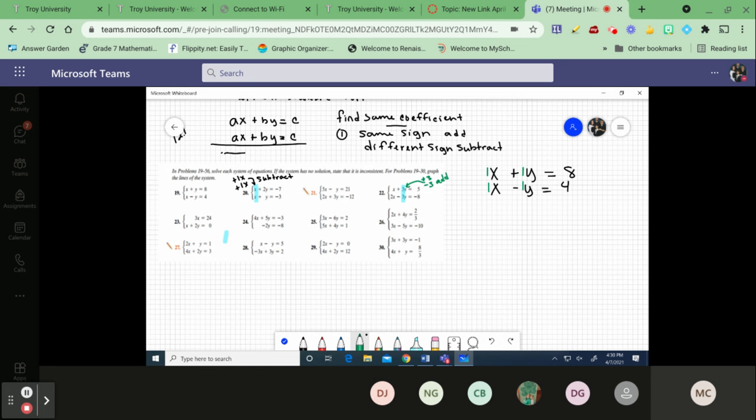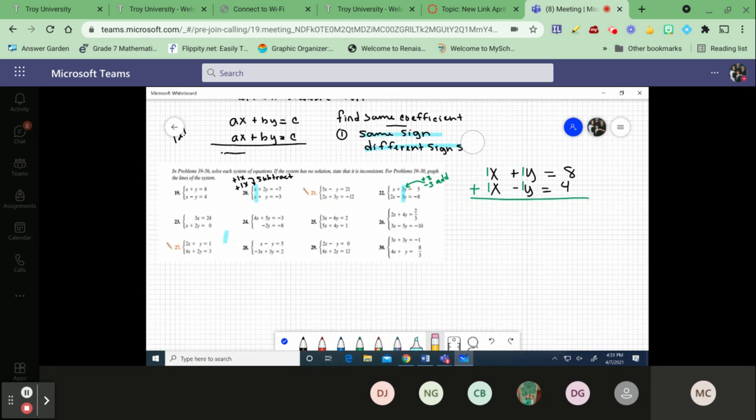If you want to get rid of those x's and eliminate them, you're going to turn this into a subtraction problem, because 1 minus 1 is 0, and we eliminate x, right? But if you want to get rid of the y's, then you're going to add, because positive 1 plus negative 1 is 0.